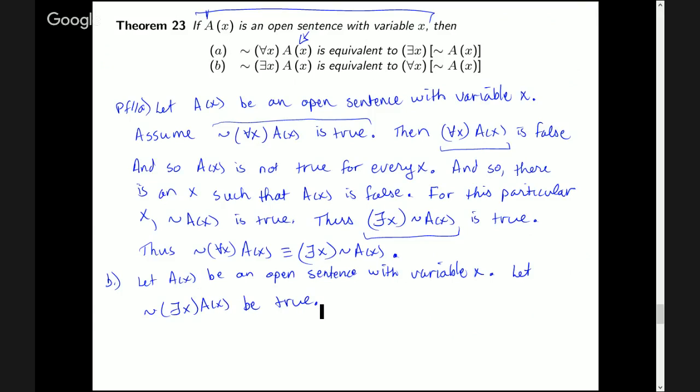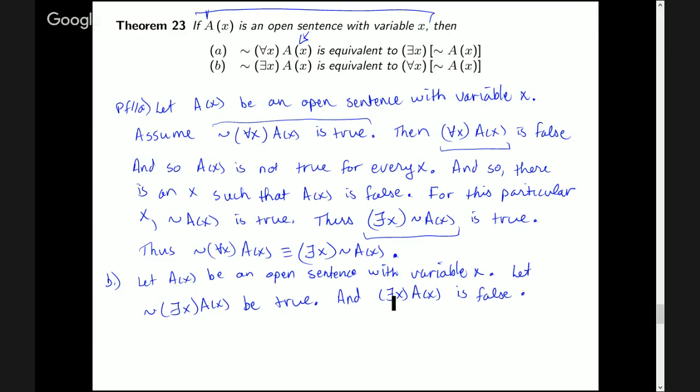So then tell me, if the negation is true, what is the original? The existent X, A of X is what? False. If the negation is true, the original one had to be false. So there exists an X, A of X is false.